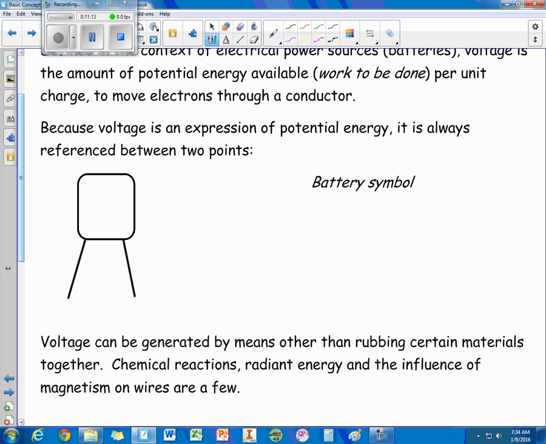So for example, let's say we have a battery. The symbol for a battery is a series of long and short lines where the long line is the positive terminal, the short line is the negative terminal, and we get a voltage here and a voltage here. And what we do is we look at the change in voltage.